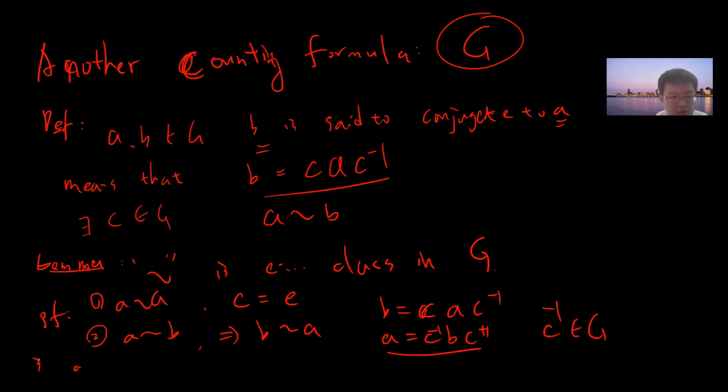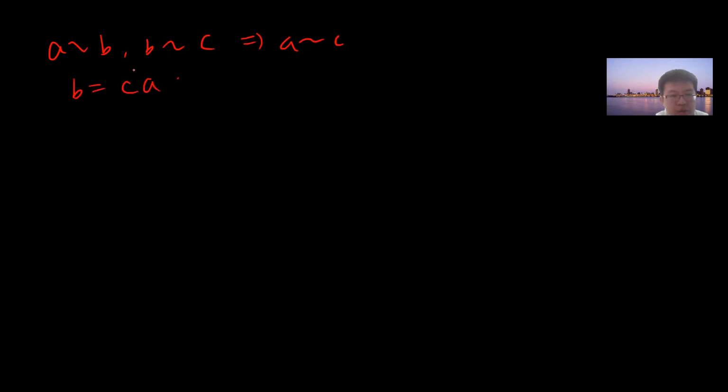The third is that A conjugate to B and B conjugate to C imply A conjugate to C. This is simple, because B is DAD inverse, and B is conjugate to C, so C is EBE inverse.